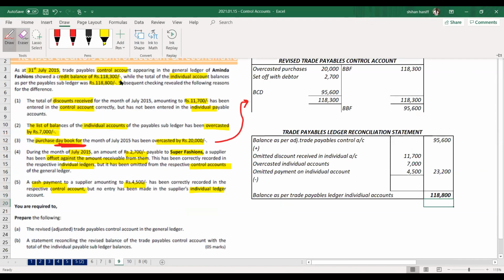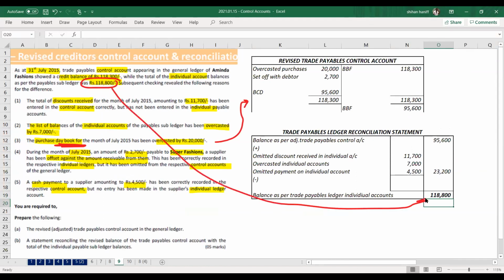So we are getting 118,800. Okay, is it clear? Are you all okay?